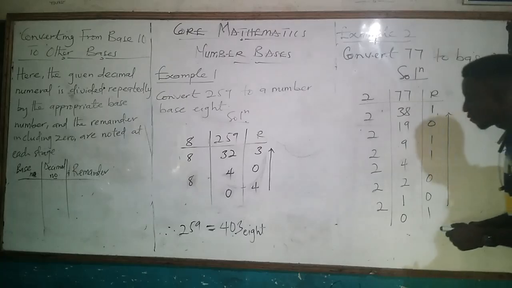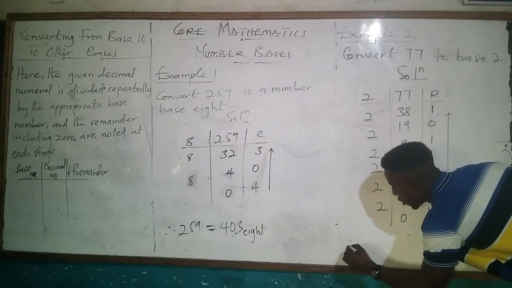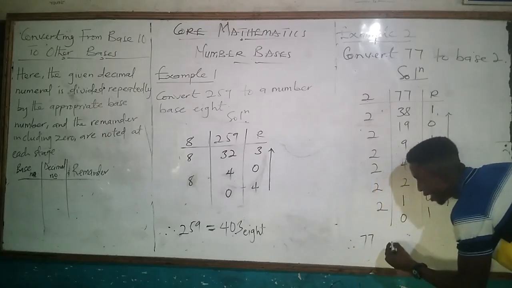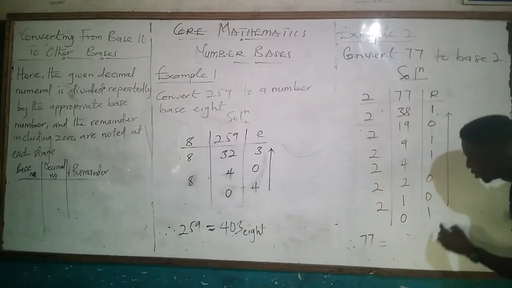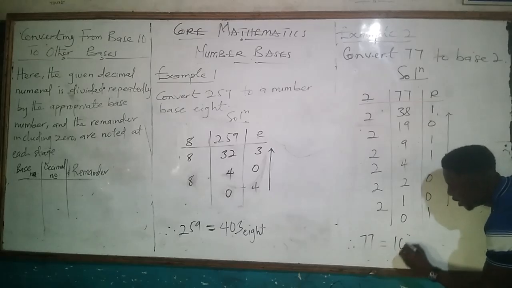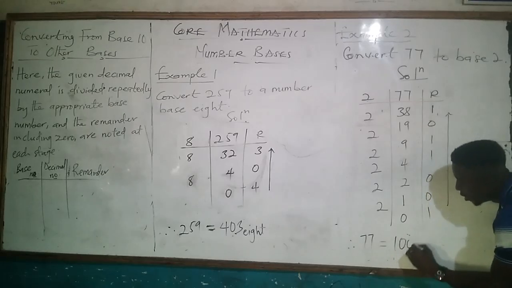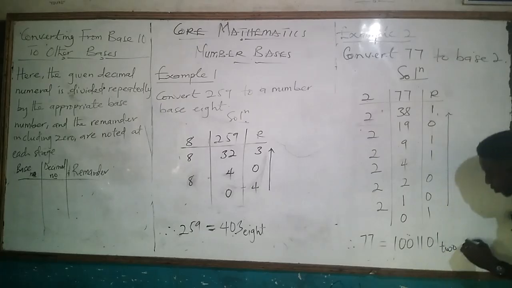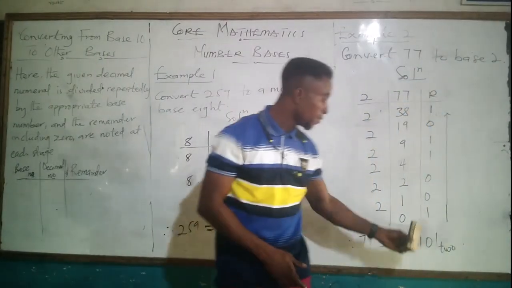So now I can finally write, therefore, 77 base 10 is equal to 1 0 0 1 1 0 1 base 2. Okay, so that is that for this one.